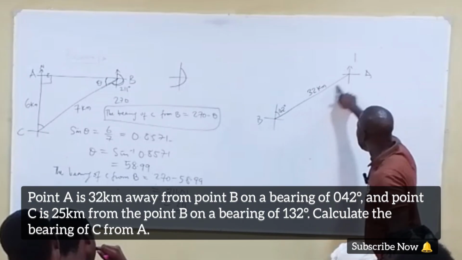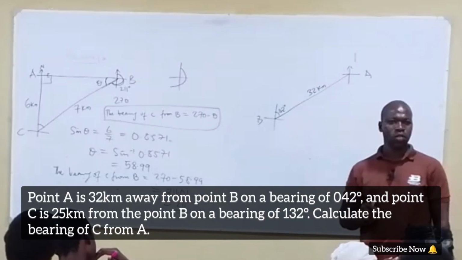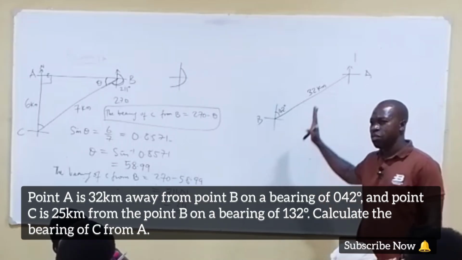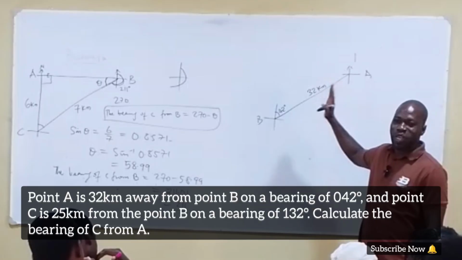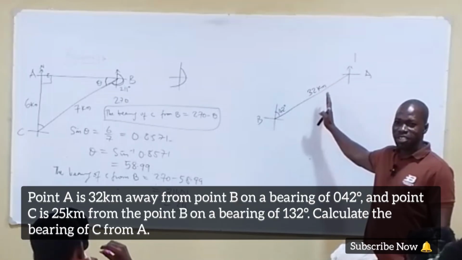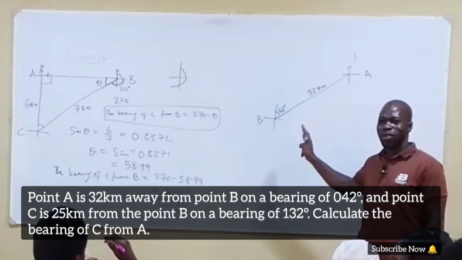So it's 32 kilometers away from B on a bearing of 42 degrees. That's the first statement, structured and diagrammed, and printed on the board.